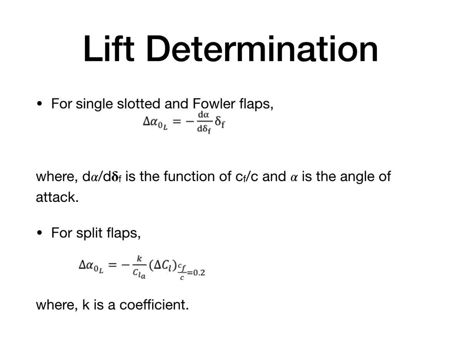For split flap, delta alpha naught L is equal to minus K over CLA times delta CL at cf/c equal to 0.2, where K is a coefficient for determining delta alpha naught for a split flap.